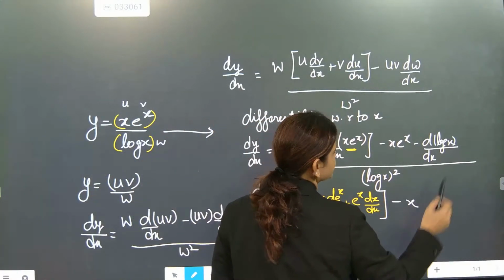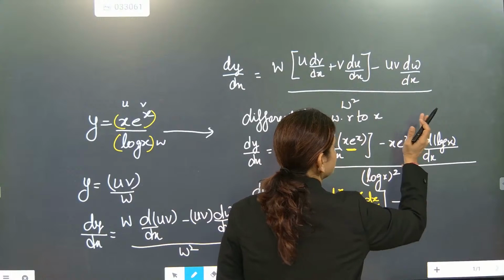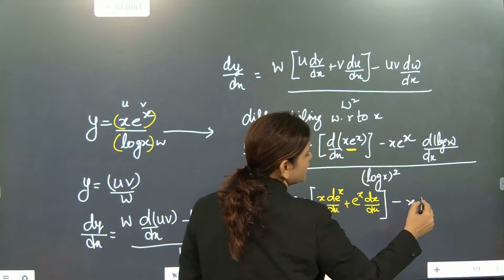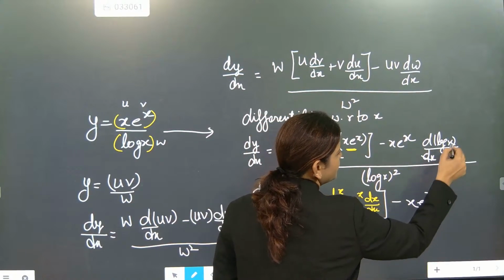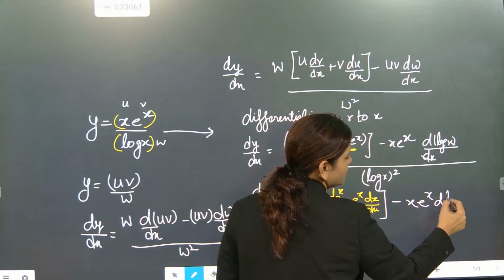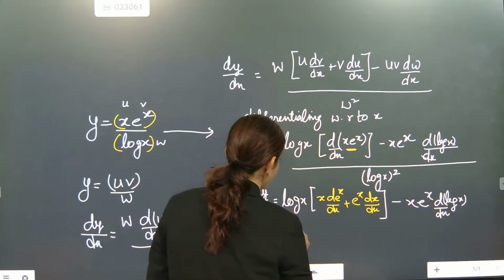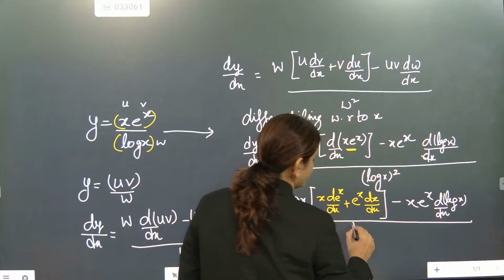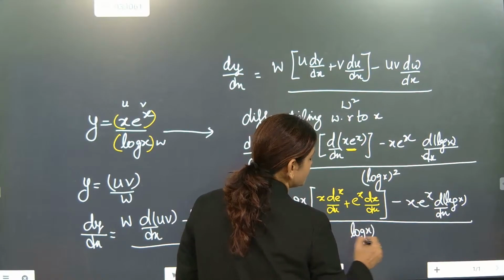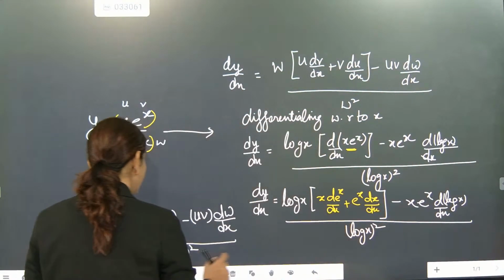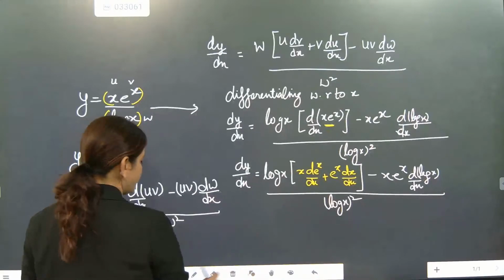After that, here it is multiplication, not minus. x e to the power x, differentiation of this part we will do. First I am writing this. Now here dx by log x whole square. Till here we have done. Now the final part we are going to take.